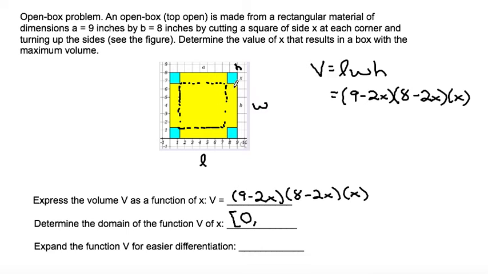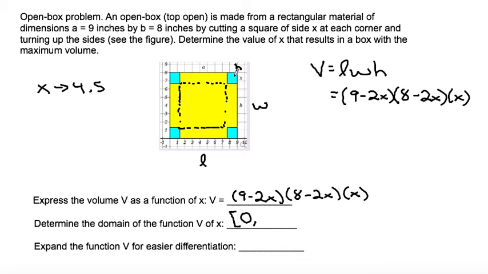And then the largest value: remember that this side is 9 minus 2X. So if X were up to 4.5, it would be this entire side. So it can't be any bigger than 4.5. But on the B side, this side is 8.